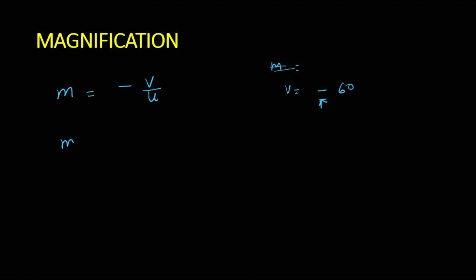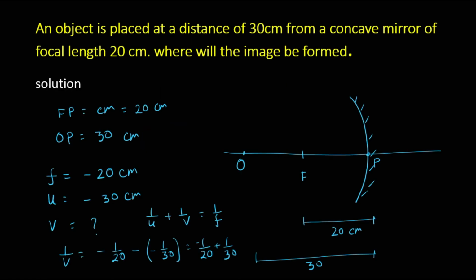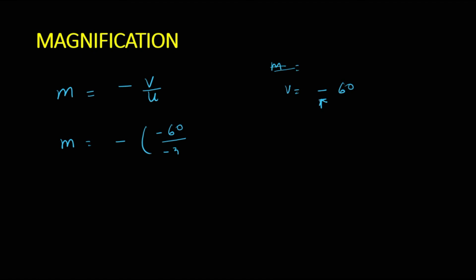Now magnification is minus v over u, v is minus 60, and u is how much? In the previous question u is 30 centimeters. So we put minus 30, because u and v are to the left of the origin, that is the pole. So magnification is minus 2.